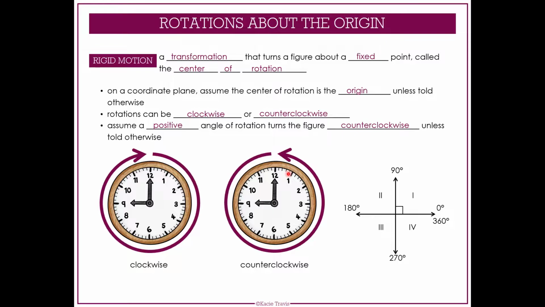Now, when we're dealing with this on the coordinate plane, we have our original shape right here where the right angle is. This is at 0 degrees.